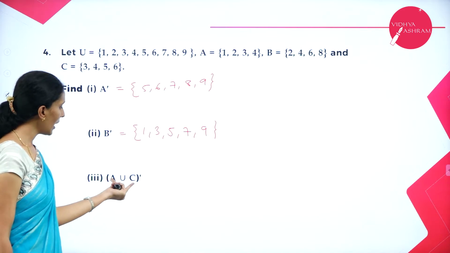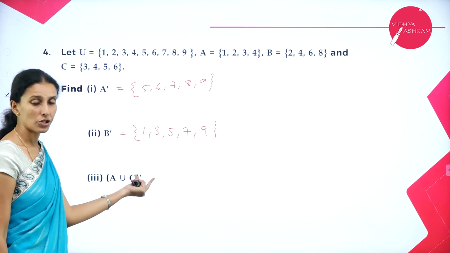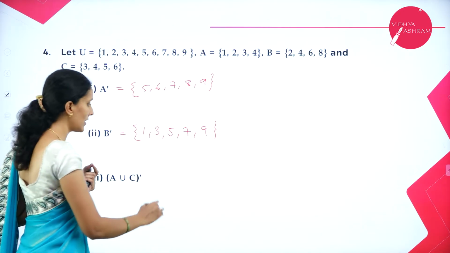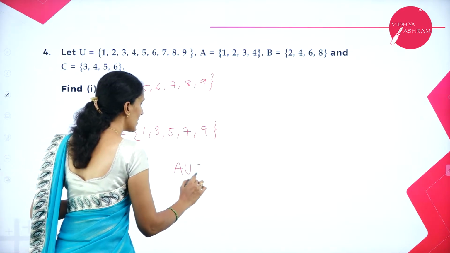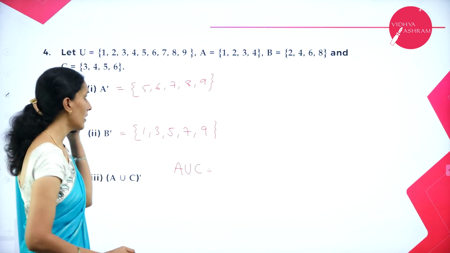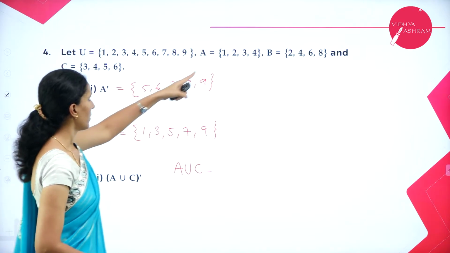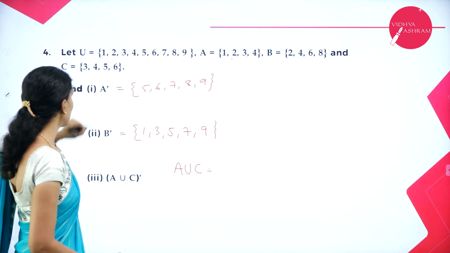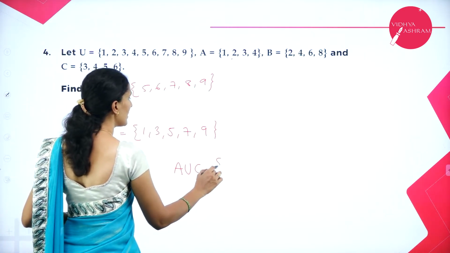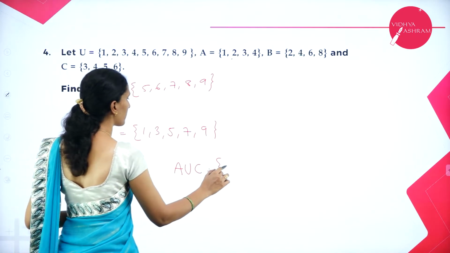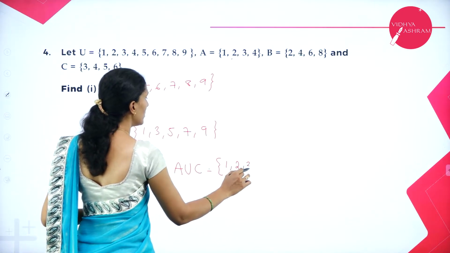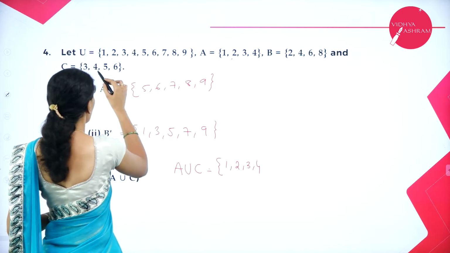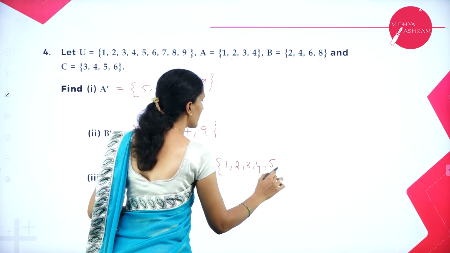Here they have given (A union C) whole dash. So first find A union C. The union of A and C is 1, 2, 3, 4, then 3, 4 is already written, then 5, 6.